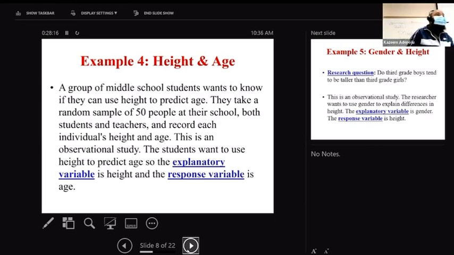But when we talk about an experimental study, maybe I want to look at the effect of different diets.